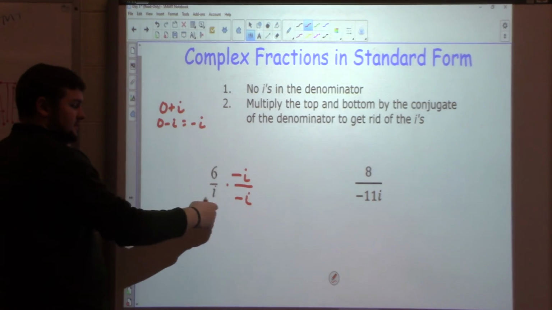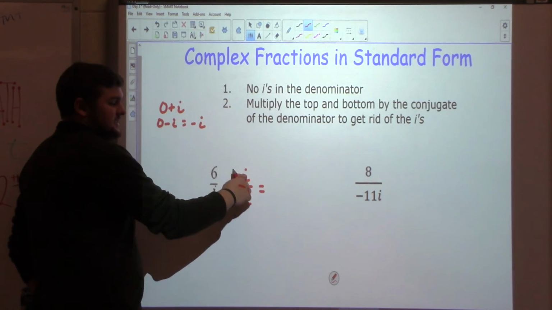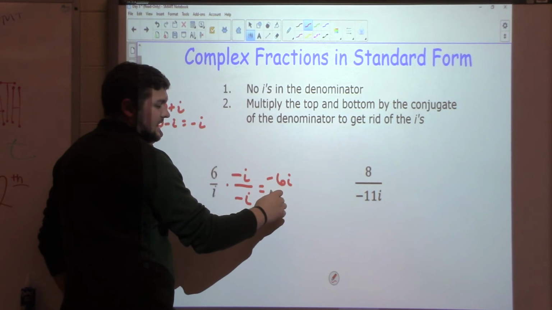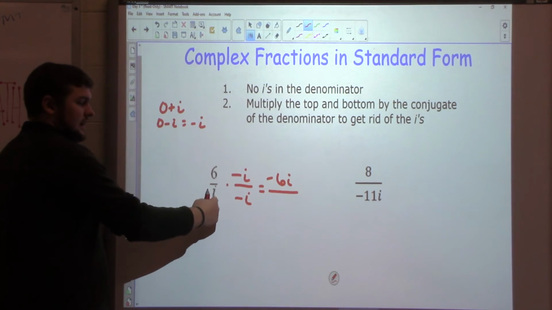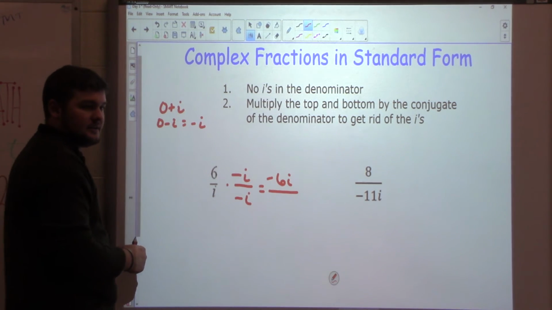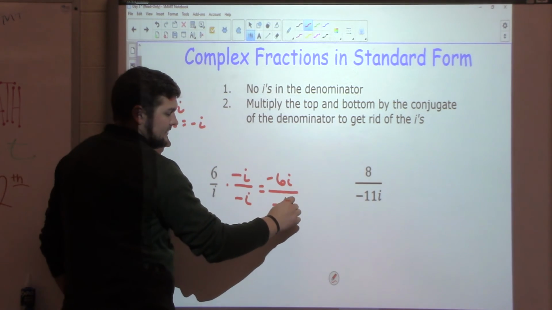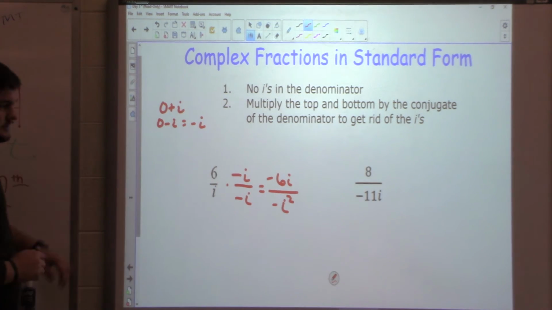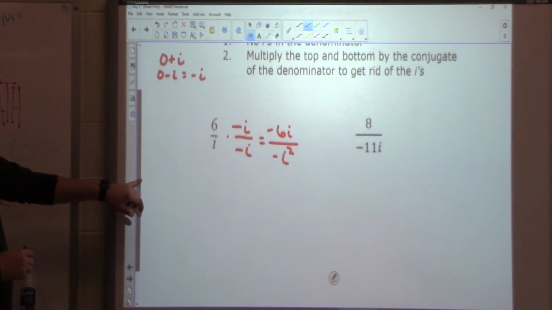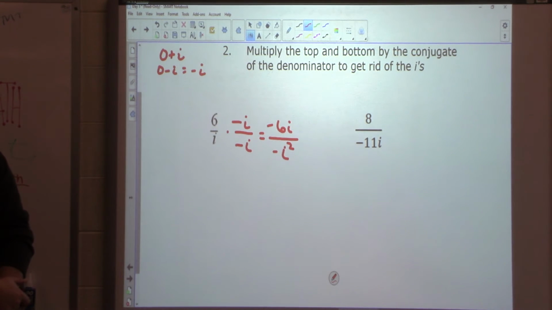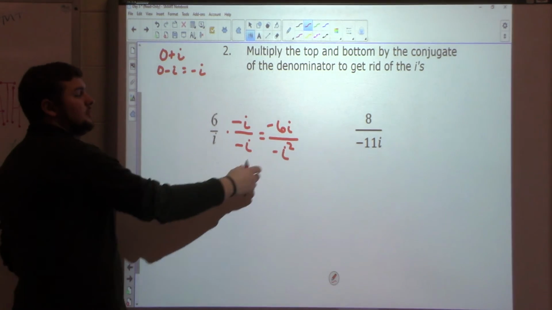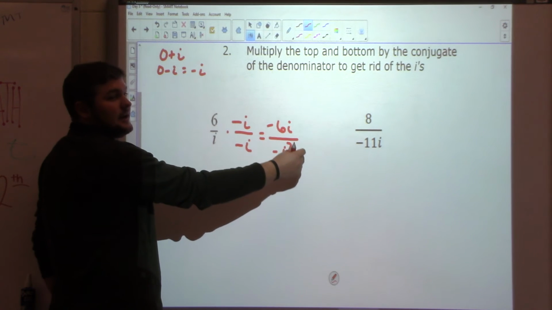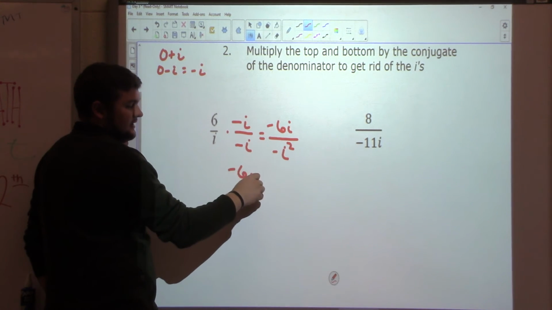When I multiply these things, 6 times negative I is negative 6I over I times negative I, which is negative I squared. Okay, I squared turns into what? The bottom will turn into positive 1, because I squared turns into negative 1, right?